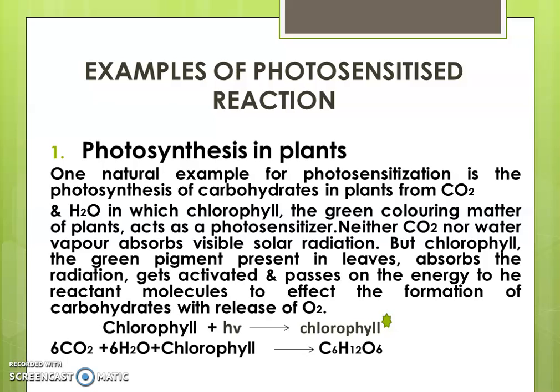Here, chlorophyll, the green coloring matter of plants, acts as a photosensitizer. That is, neither the carbon dioxide nor water absorbs any radiation in the visible region, but chlorophyll does. That is, chlorophyll is the only light absorber in this reaction.